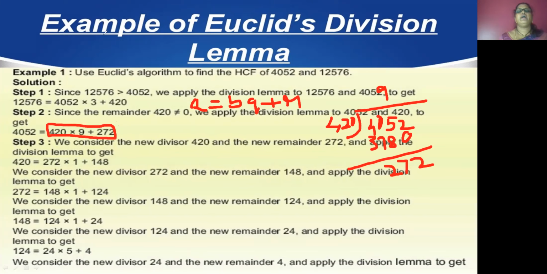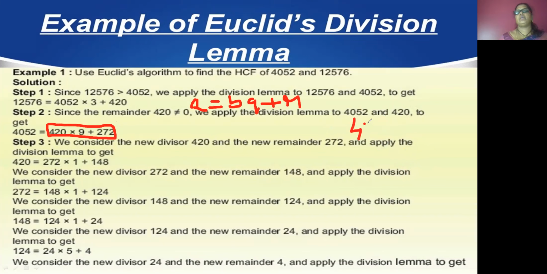Now you should divide 420 by 272. What will we get? We'll check. 420 and 272: 420 is the dividend now and 272 is the divisor. How many times? Yes, one time. 272 one time. Subtract: 0 minus 2 is 8, 11 minus 7 is 4, and 3 minus 2 is 1.